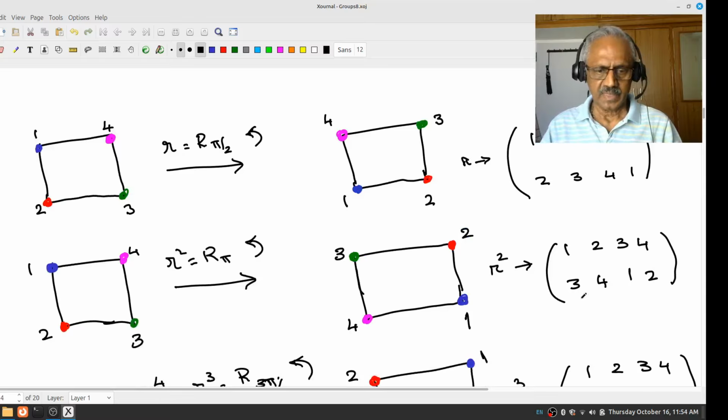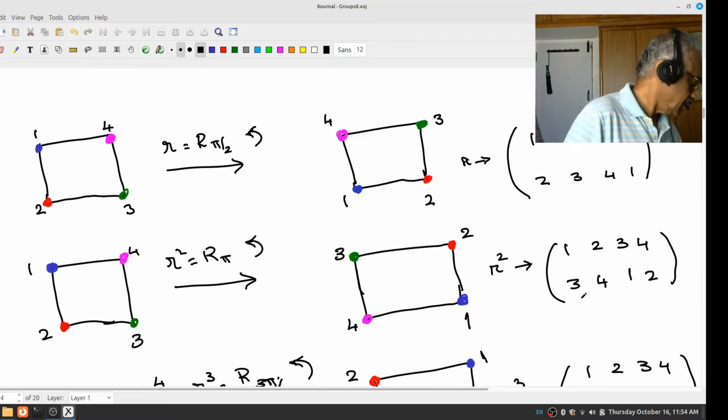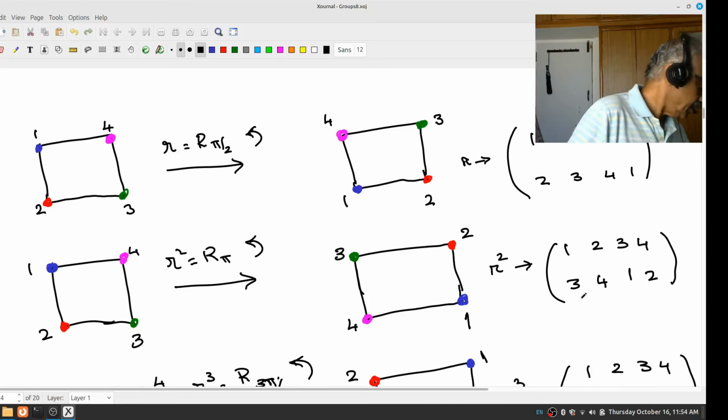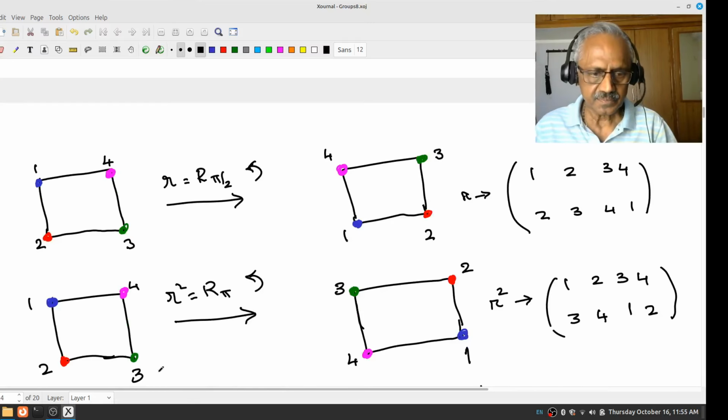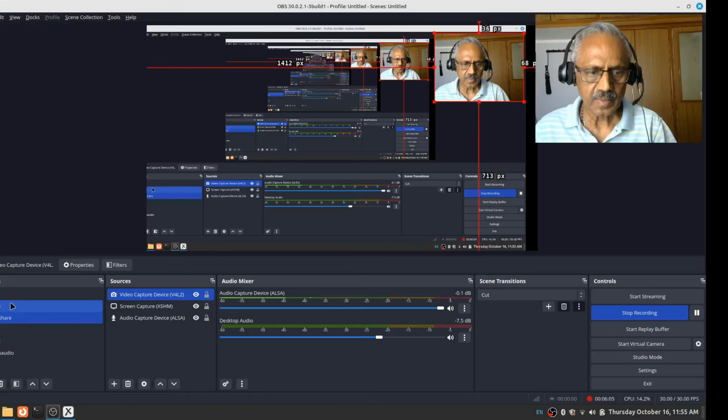This means I have a piece of paper, marked with 1, 2, 3, 4. Can you see this? And rotate it in the anti-clockwise direction. Anti-clockwise direction for me is this way.